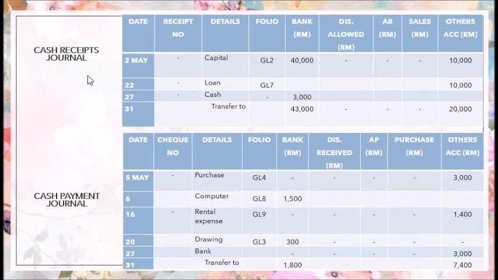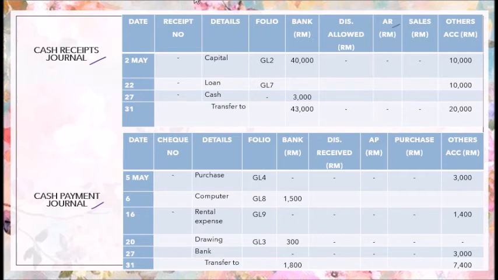Okay, untuk slide ini kita fokus untuk cash receipt journal and cash payment journal. So, untuk cash receipt journal, ini adalah format dia. Ada dalam buku kamu, ada chapter 5. The date, receipt number, details, folio, bank, discount allowed, AR, which is account receivable.